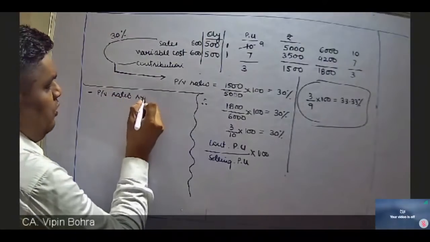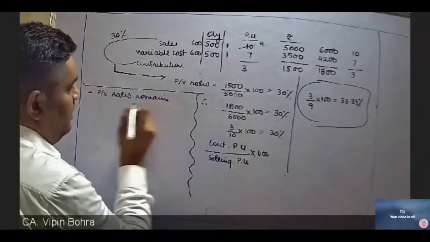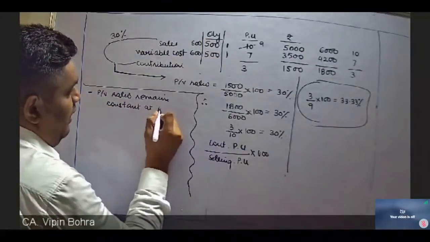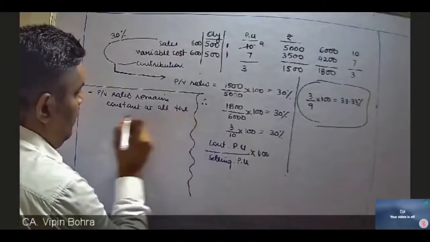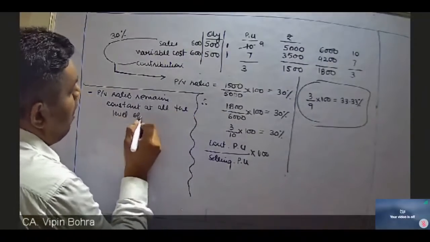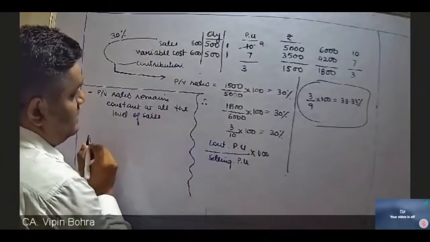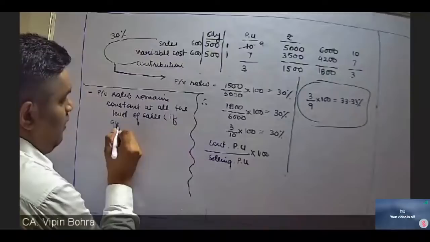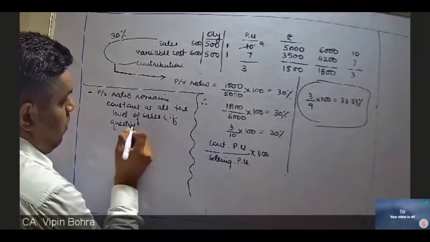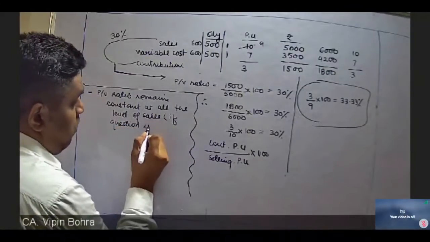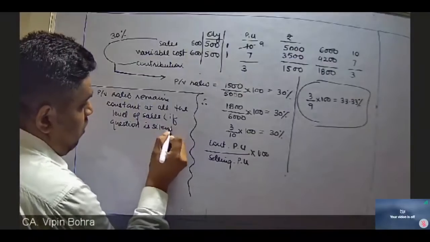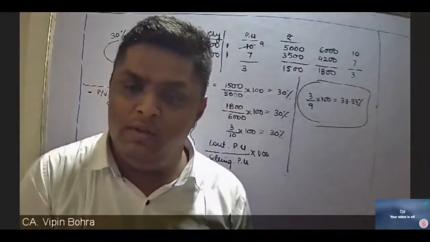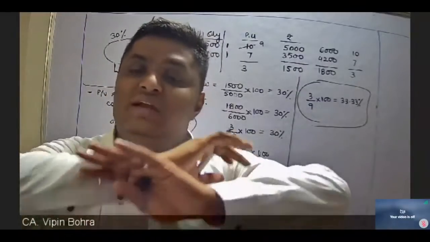PV ratio remains constant at all the levels of sales. If the question is silent, what will we assume? That PV ratio remains constant at all the levels of sales.